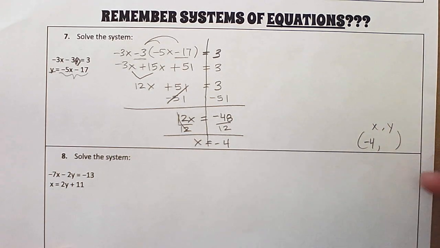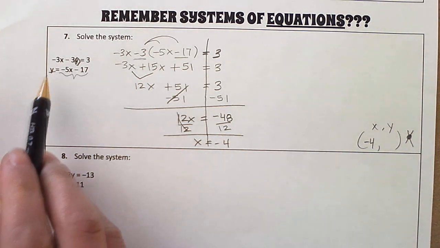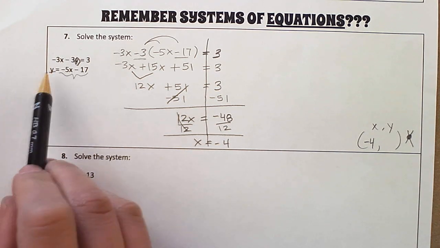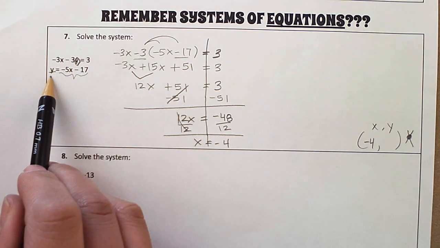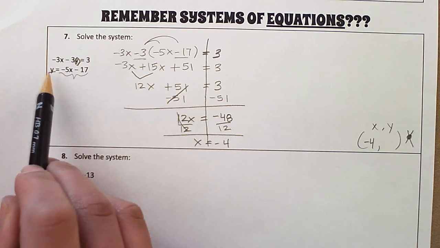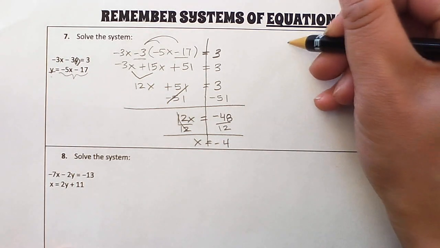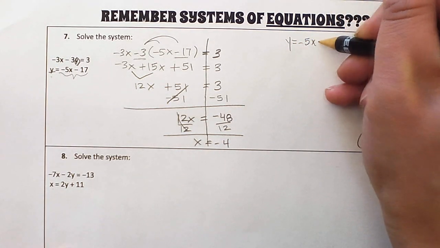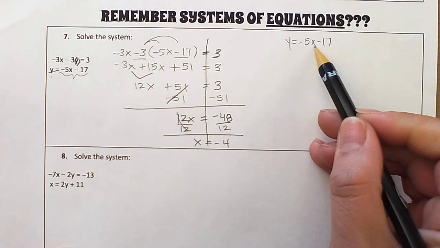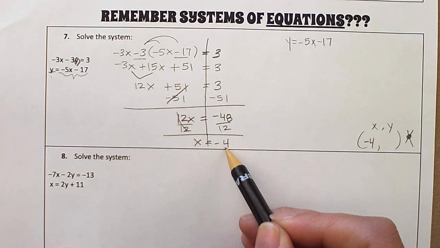So right now, to know where the lines intersect, we only have half of the solution. You can use either equation, but it's much easier to use the variable that we already have alone for y equals. So y equals negative 5x minus 17, and now I'm going to replace the x with negative 4 because I know that's what it is.